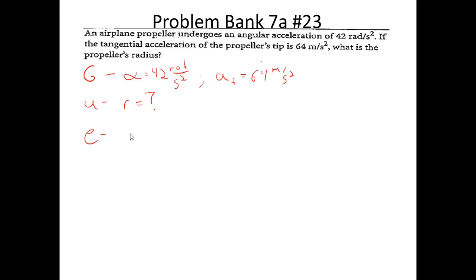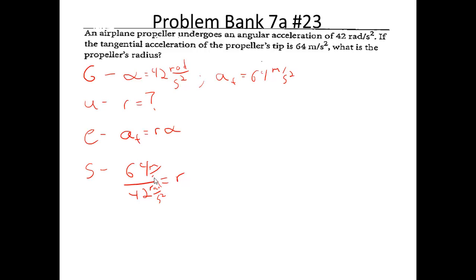Our equation, exactly what we had before. Substitute everything in. We'll say 64 divided by 42 is equal to R. This will be radians per second squared.